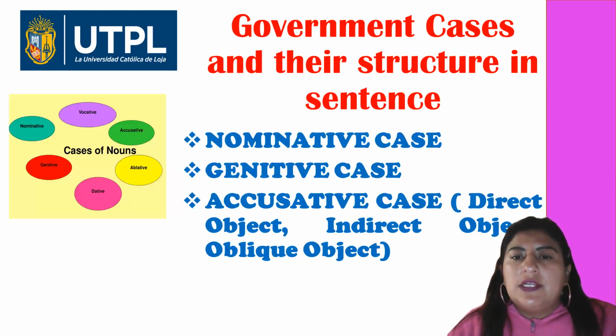We have in English 6 government cases, and we study the most common cases. Those are nominative case, genitive case, accusative case. In accusative case, we have 3 ways to form this accusative case: direct object, indirect object, and oblique object.